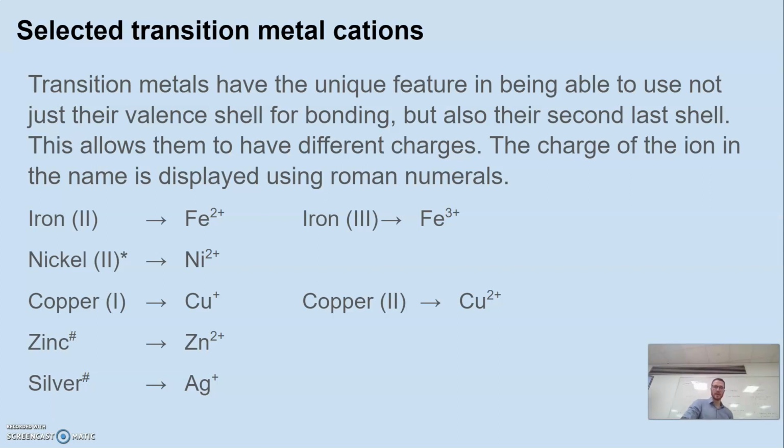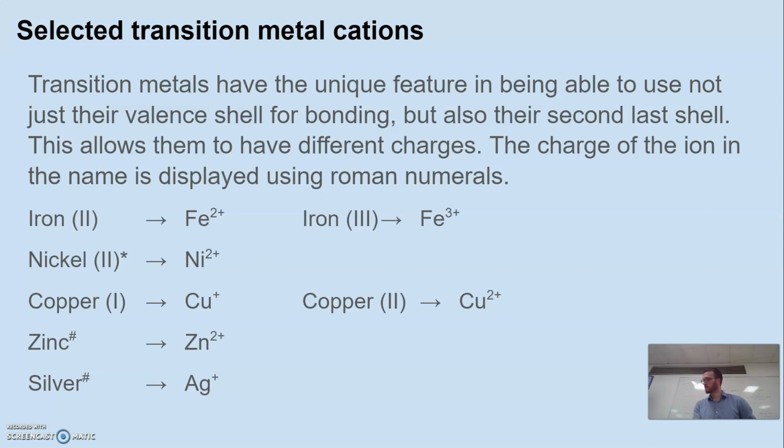So the main ones we're going to look at is iron, nickel, copper, zinc and silver. So iron can have a 2+ or a 3+ charge as the ion. So we use Roman numerals to display that. Iron 2 or iron 3. Nickel pretty much only has 2. Got a little star there. It has been known to have others, but in most circumstances it will have 2.